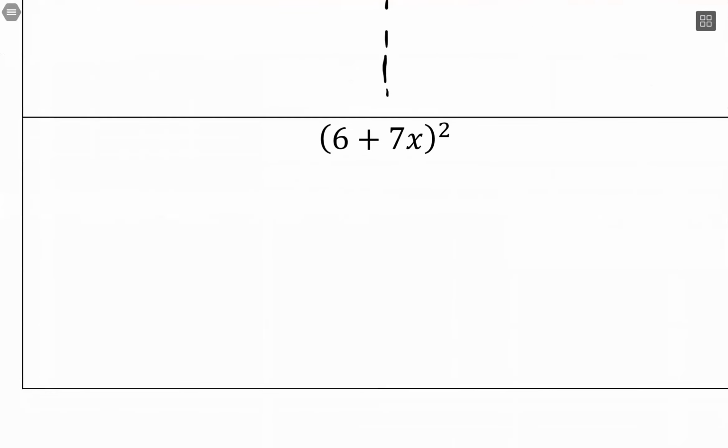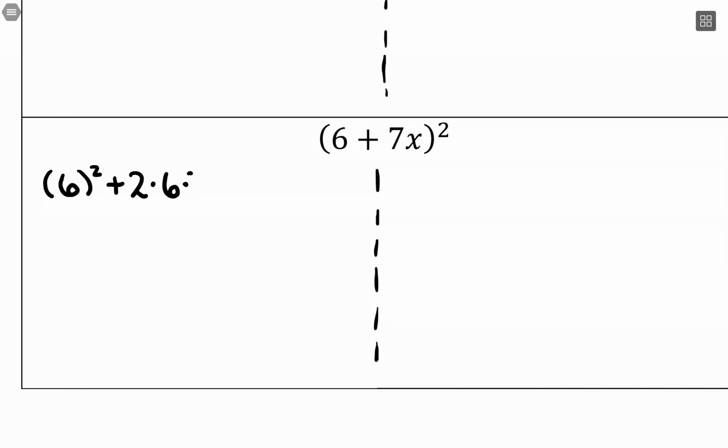All right. For this one, if we apply the rule, and I can even show this written out in more steps, we would have 6 squared, and then it's addition, so we'd have plus 2 times 6 times 7x, and then plus 7x squared. So 6 squared is 36. We have, let's see, 6 times 7 is 42, double that for an 84.